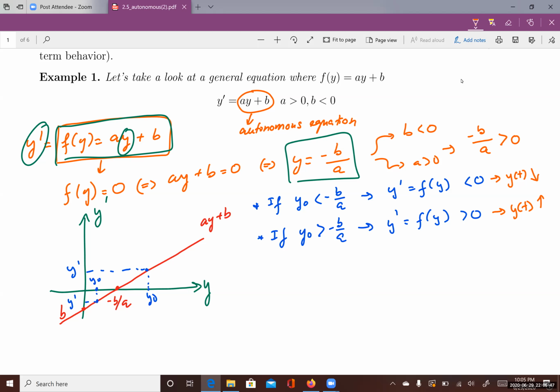So again, if you pick a point y less than negative b over a, then the solution curve y of t will be a decreasing function. And if you pick a point y greater than negative b over a, then the solution curve y of t will be an increasing function.